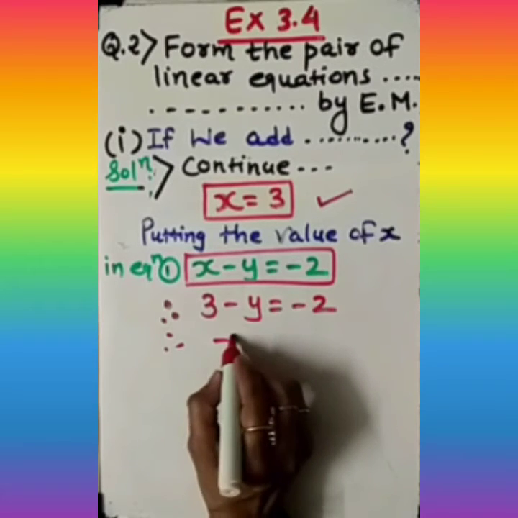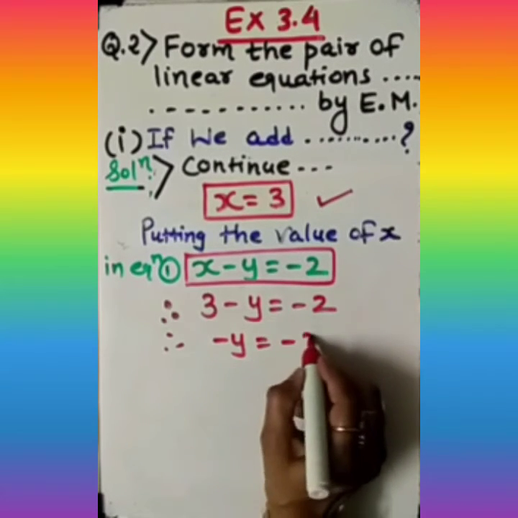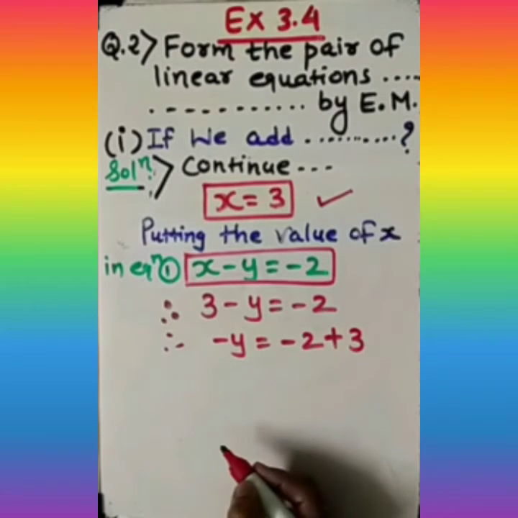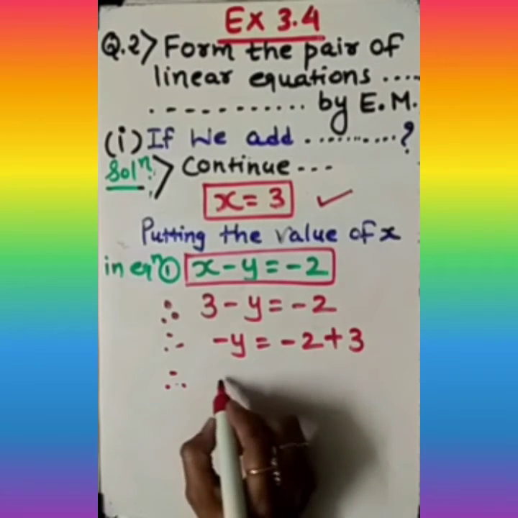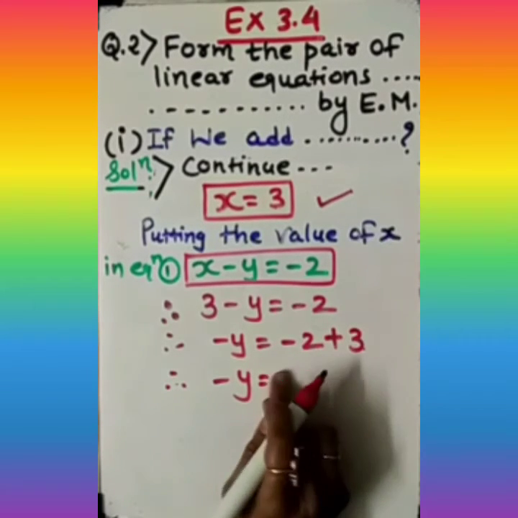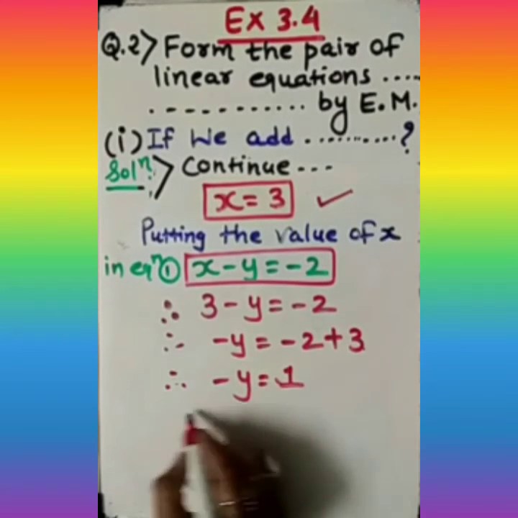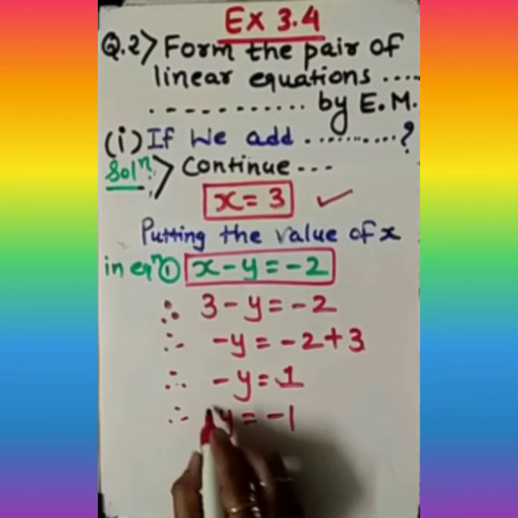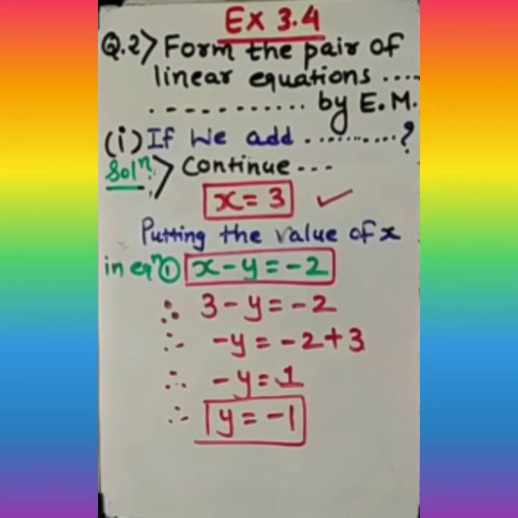Therefore minus y equal to this minus 2, let me bring it to this side, it gives the result 3. Therefore minus y equal to 3 minus 2 gives the result plus 1. The value of this is 1. So y equal to minus 1.